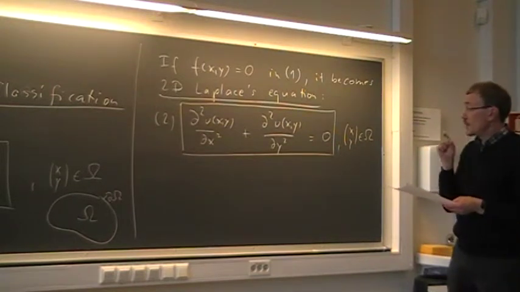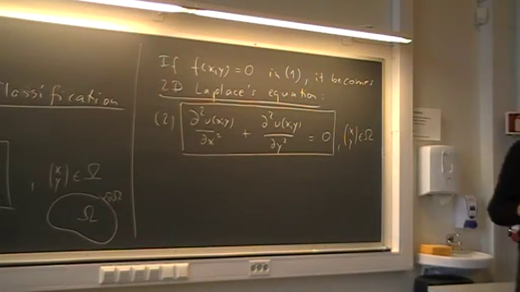We have seen in the very beginning of the course that this type of equation describes equilibrium problems. They also have the name of jury problems because they are essentially determined by the boundary conditions. So from outside, the jury sitting around decides what is going on in the interior.